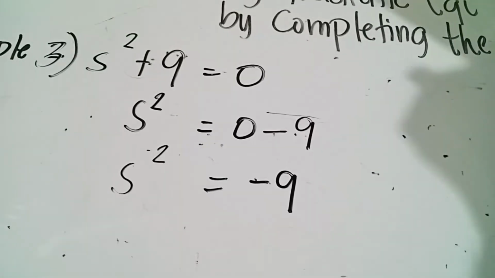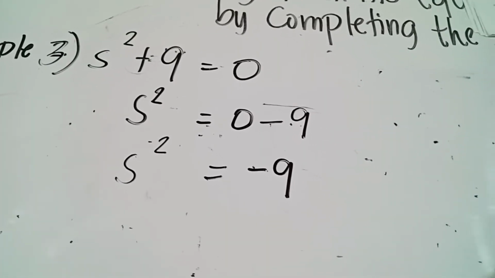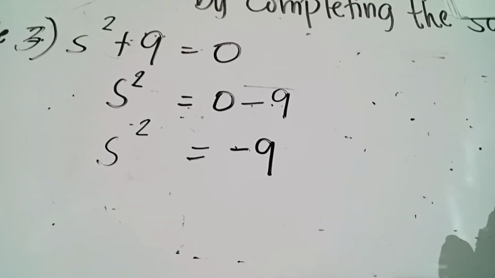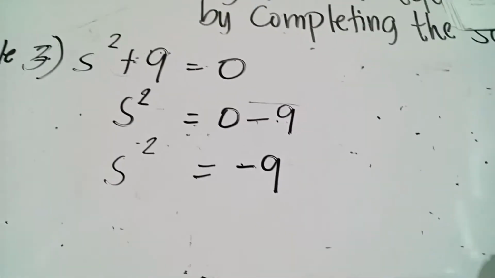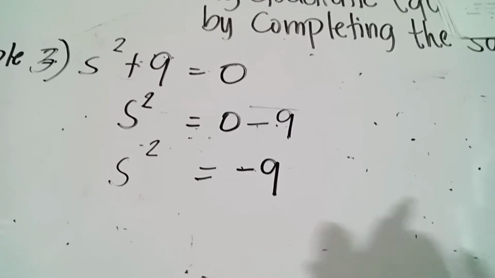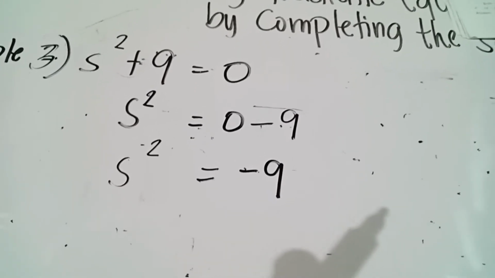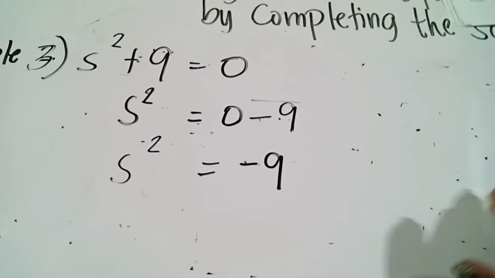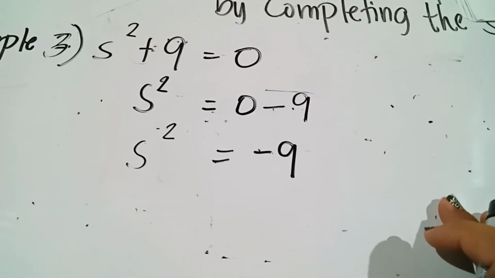Ang negative 9 ba ay mas mababa kay 0? Of course, all negative integers are less than 0. So, there is no real number when squared gives negative 9. So, therefore, ano ang magiging sagot natin?